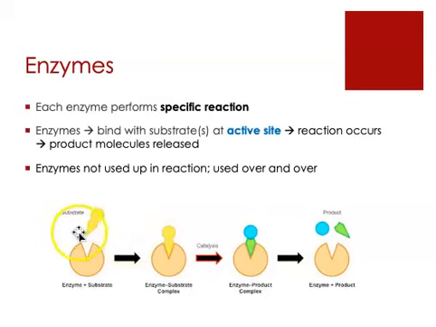Up here, this very bright yellow molecule represents the substrate. And you can see that the substrate binds perfectly with the active site. The two things are shaped so that they fit together perfectly. This is what allows enzymes to be so specific for certain reactions. Only this substrate is going to fit this well into this active site.